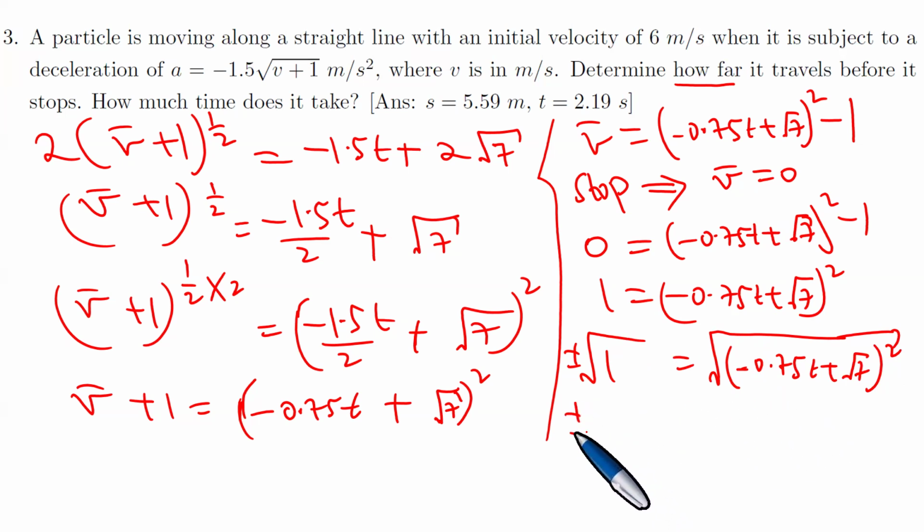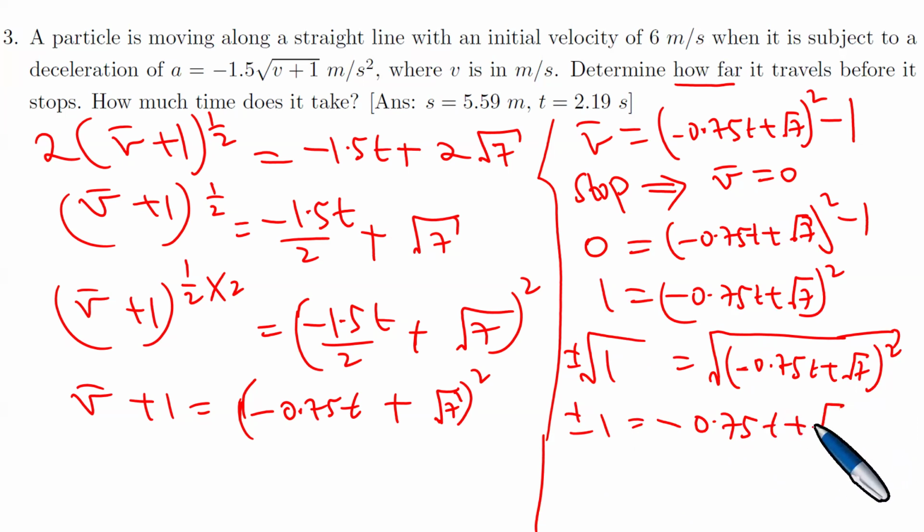So it's plus or minus 1 because the square root of 1 is 1. You take the square root here, and the square goes away. Either way, this is going to work. Which means you have plus or minus 1 minus the square root of 7, equals minus 0.75 T.